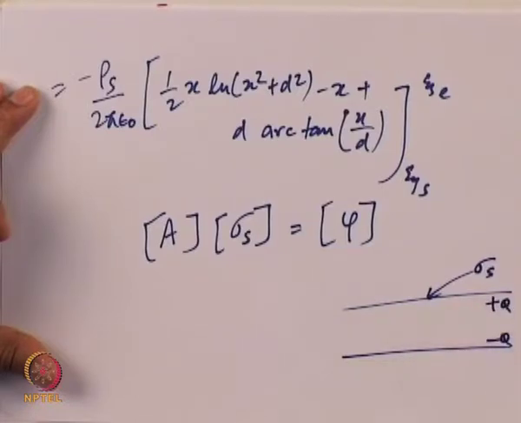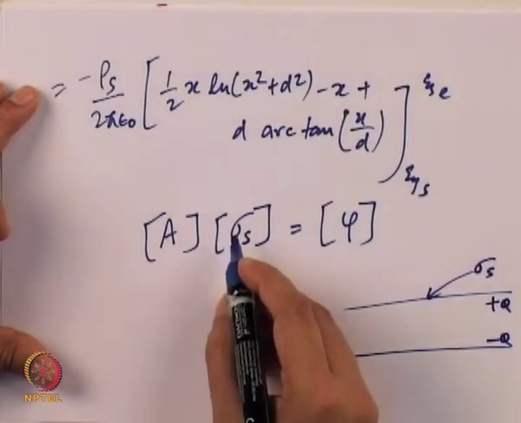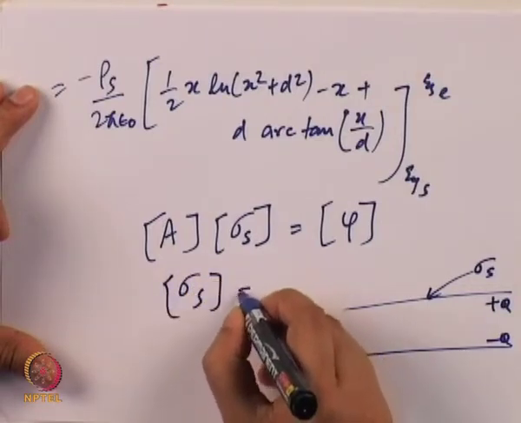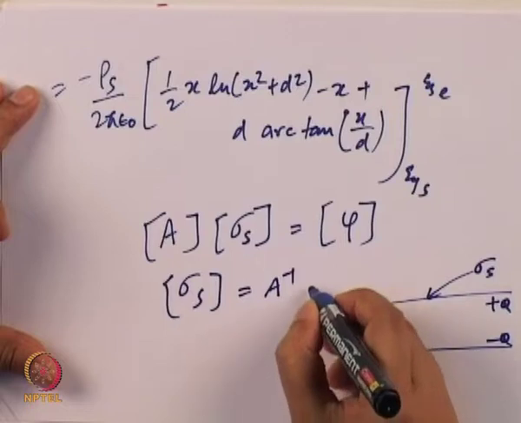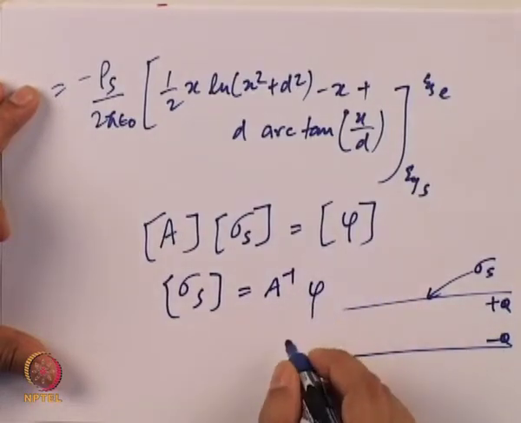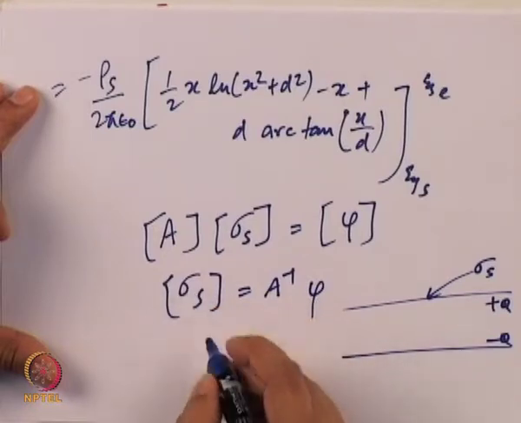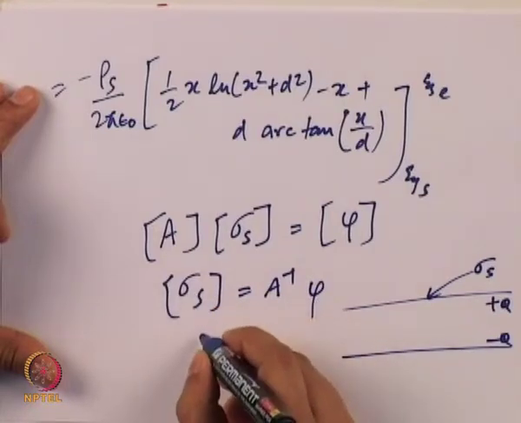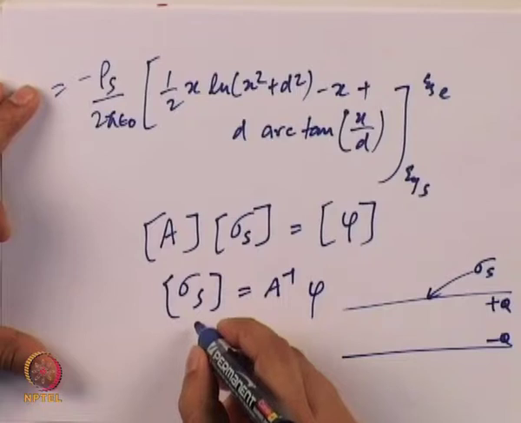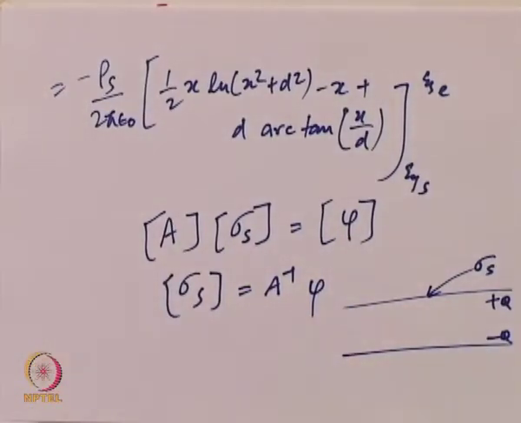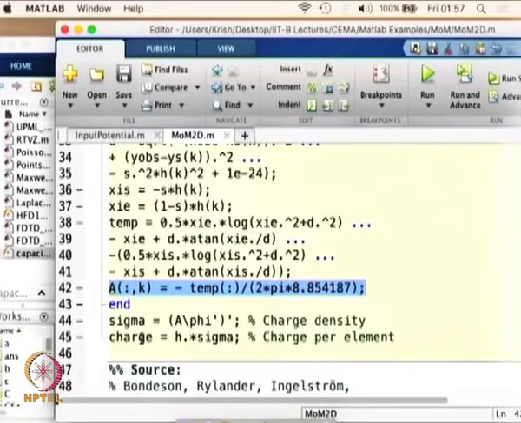because we have plus q and minus q. Once we know that, we compute the value of the charge by taking A inverse and multiplying it with phi, and then we multiply the charge density by h, which is the length of the element itself, and that will give us the value for the charge.